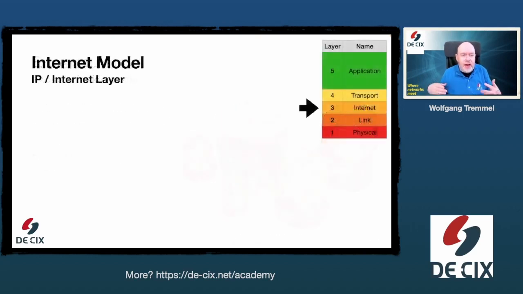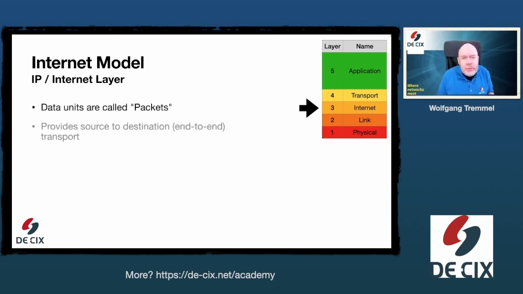With the IP layer, we are on layer 3. Data units here are called packets, and the purpose of layer 3 is to provide end-to-end source to destination transport. So from here to Australia, if you want to transfer data to Australia. And of course, what do we need in the internet layer? We need addresses.